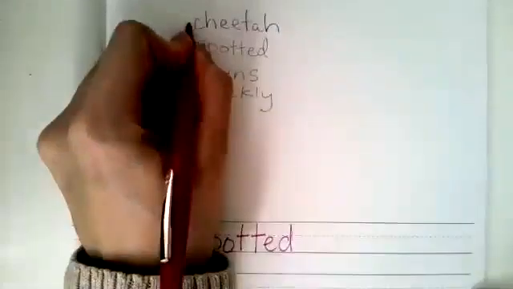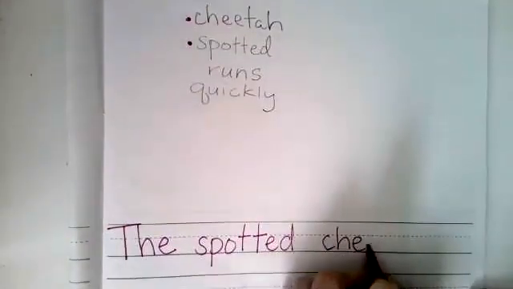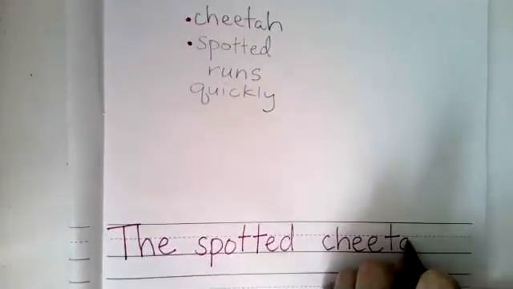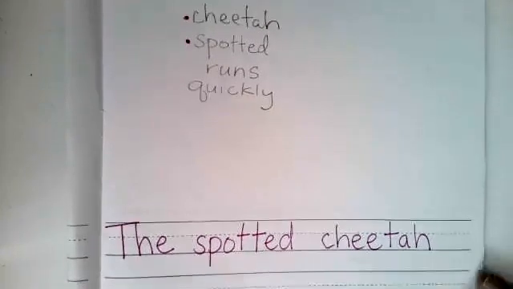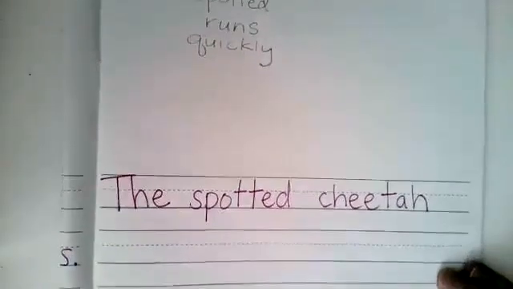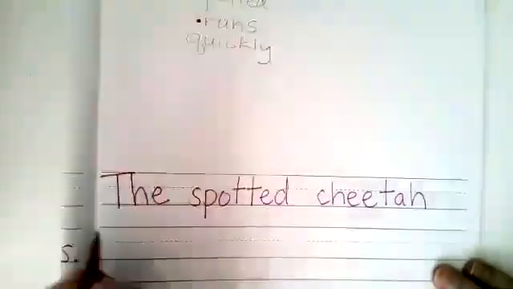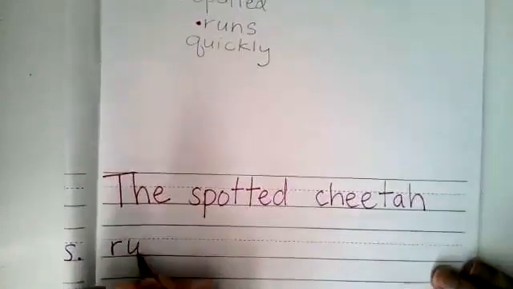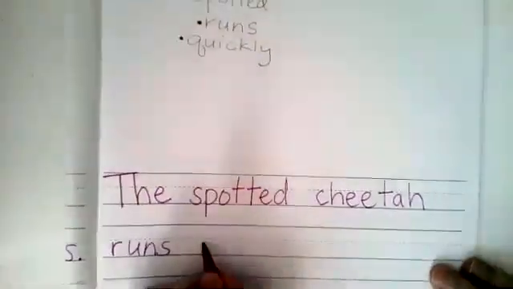Now I can tell what my animal is, cheetah. The spotted cheetah. Now I'm going to say what that cheetah does and how it does it. That spotted cheetah runs, we said, quickly.